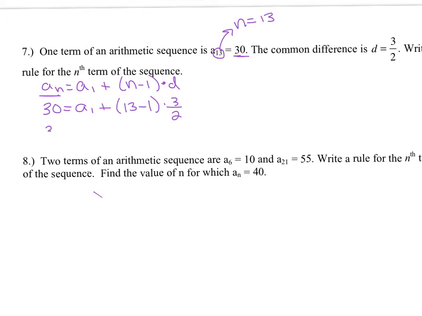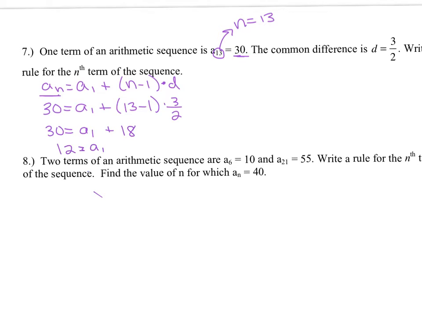So you have 30 is equal to a sub 1 plus, when you do this, you get 13 minus 1, which is 12. And 12 times 3/2 is 18. So subtracting 18, you get your first term to be 12.